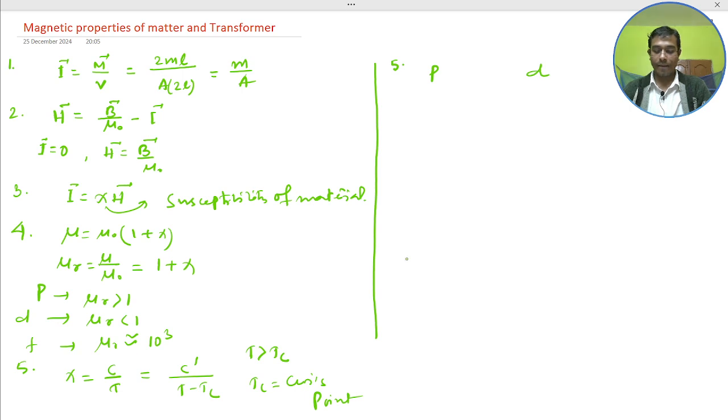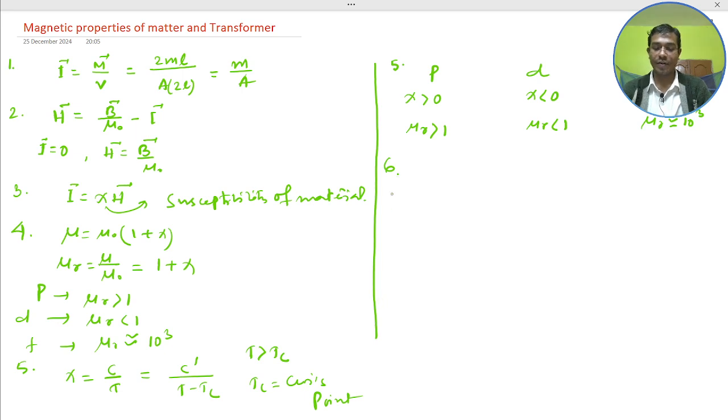For para, chi is positive, for dia chi is negative, and for ferro chi is positive. For mu r, for para mu r is greater than 1, for dia mu r is less than 1, and for ferro mu r is of the order of 1000. This is the main difference.